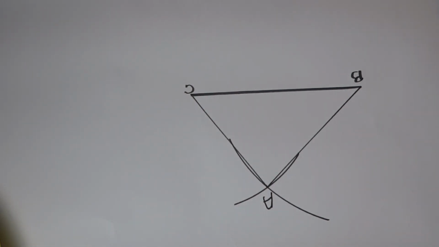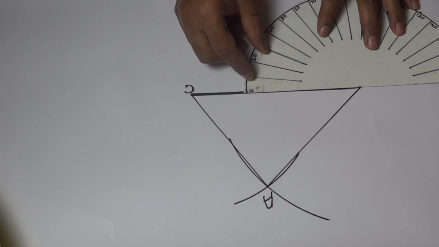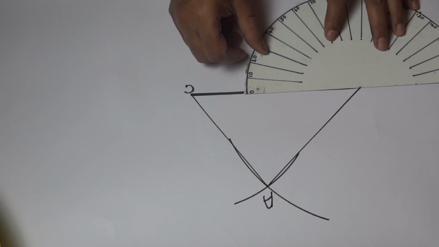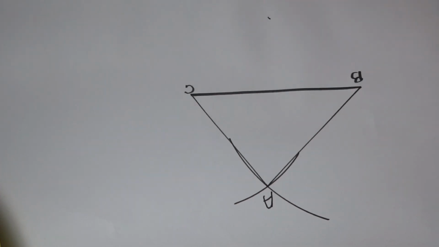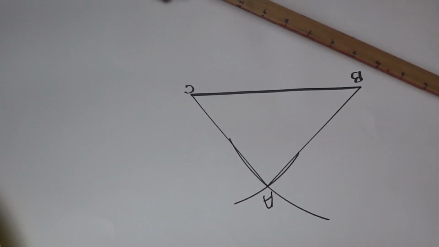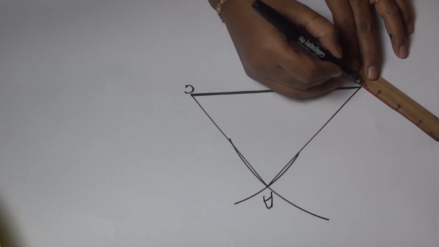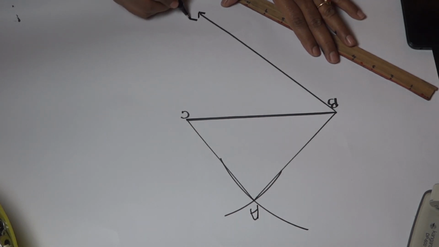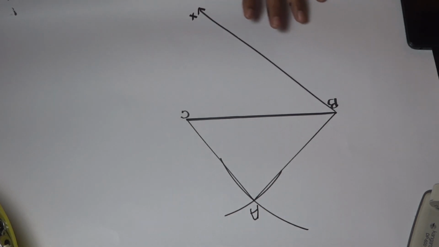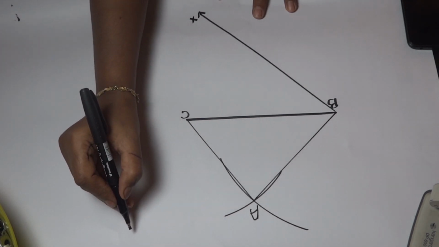To construct a similar triangle, we have to keep protractor at point B, measure an angle of 45 degree, make a mark, draw a ray passing through this point starting from point B. Let us name this ray as BX, as per the scale factor, which is 7/5.